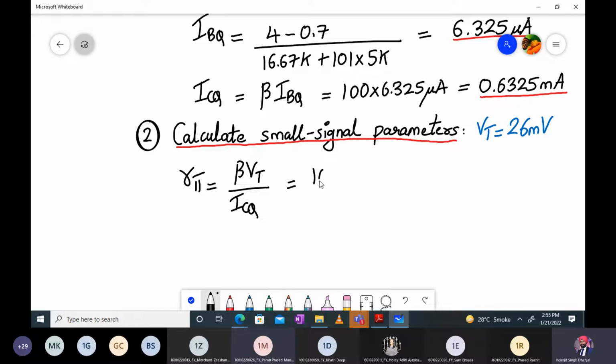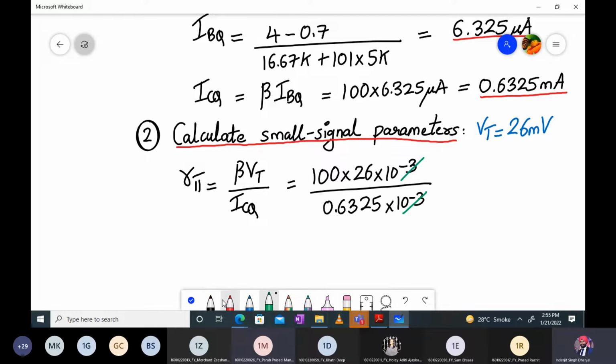So it will be beta is 100 into 26 millivolt divided by ICQ, which is 0.6325 milliamperes. So over here 10 raised to minus 3 will get cancelled, and you will get, if you calculate it in your calculator, 4.11 kilo ohms. So please confirm this number.